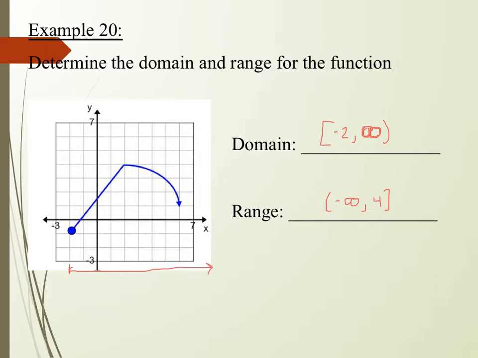So we have bracket negative 2 comma infinity. For the y value, however, y doesn't get above 4, but it appears that it goes completely down in the negative direction. So we have parentheses negative infinity comma 4 closed bracket.